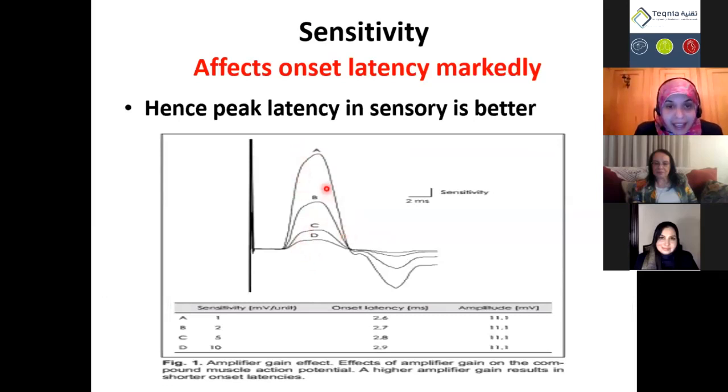Here at A, the sensitivity is 1 millivolt per square. Here, D, it is 10 millivolt. So this is not a low amplitude potential. It is just that the display is different.